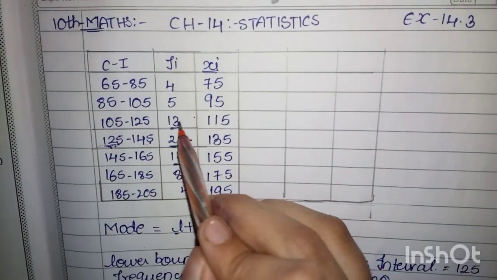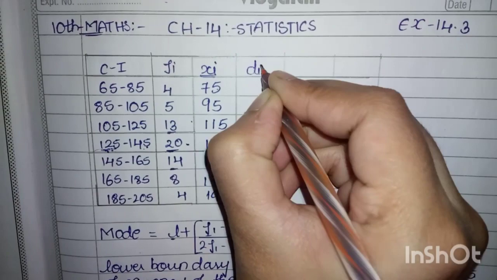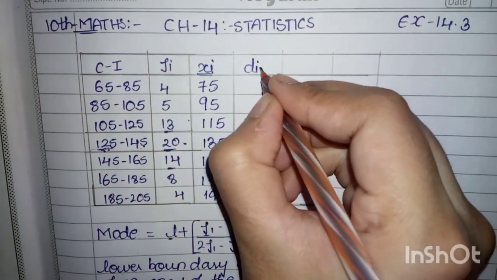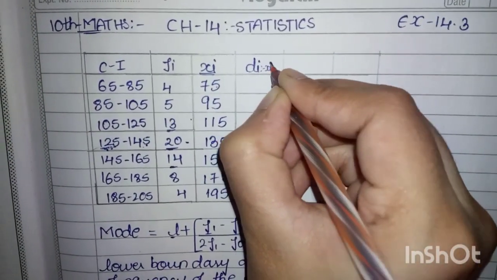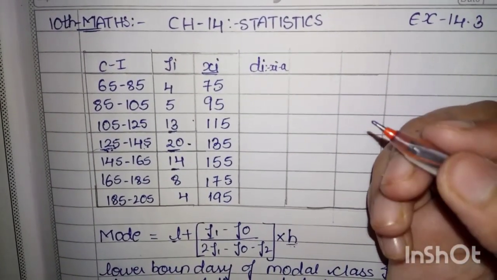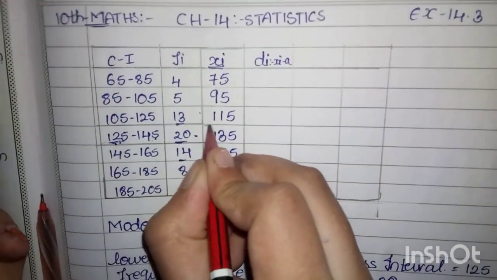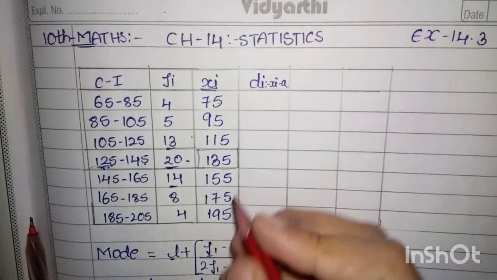Now multiplying these two columns is quite difficult, so we have to find another value di, which is nothing but xi minus a. So we have to find the value of a. Generally we take the mid value, so I am taking 135 as my a.